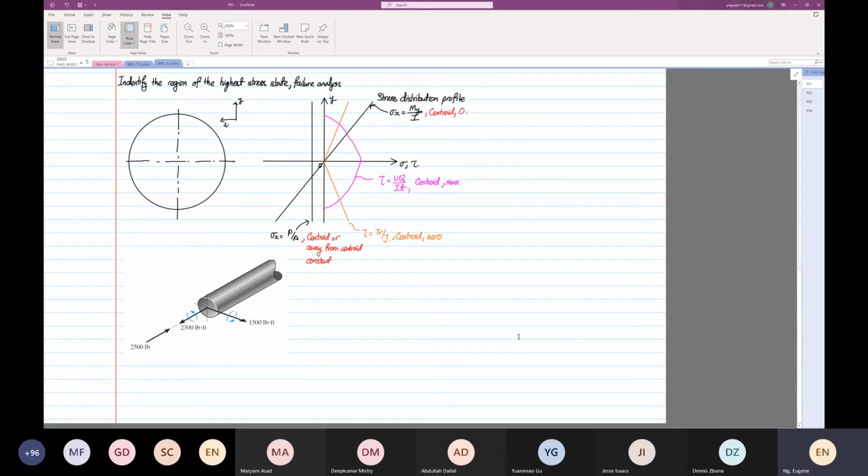We're going to position elements on this diagram. Can you see the elements I'm drawing? Yes, we can see them. So these are all the elements I'm going to position on the shaft.